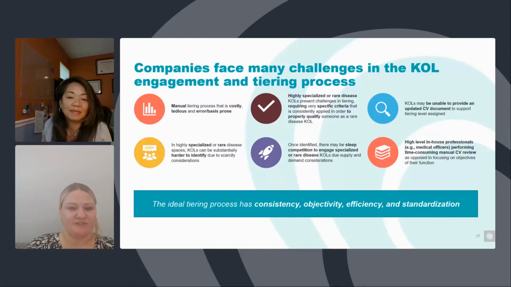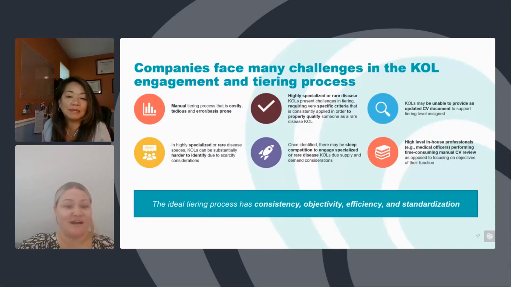So usually there's many challenges here, right? Mentioning it, just manual tiering. And what I mean by manual tiering is when you are reviewing an individual CV, 35, 40 pages long, looking for really specific pieces of criteria to pull out and then evaluate against your documented, formalized pieces of tiering criteria to provide a concluded tier level or expertise level for a KOL.